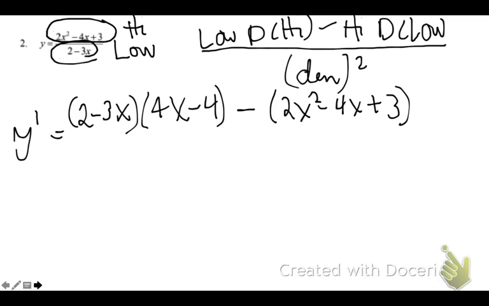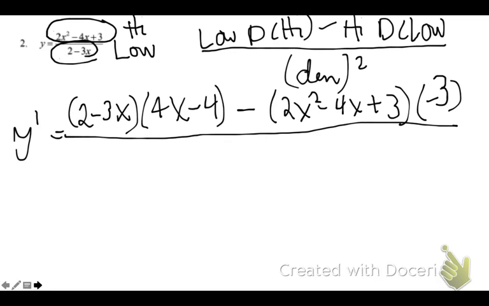Derivative of the low is negative 3. All over low squared, or denominator squared, which is 2 minus 3x squared.